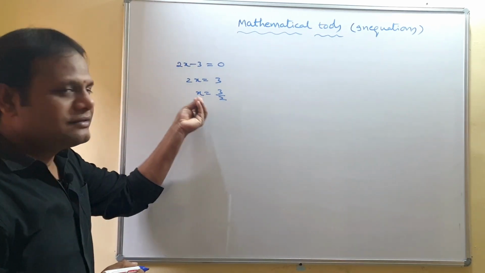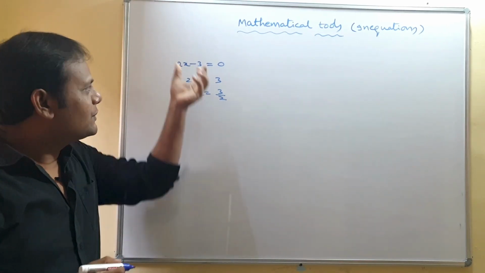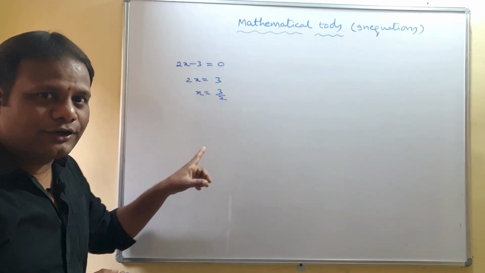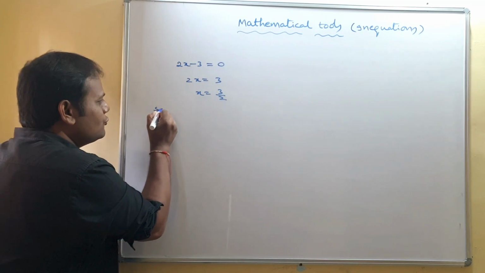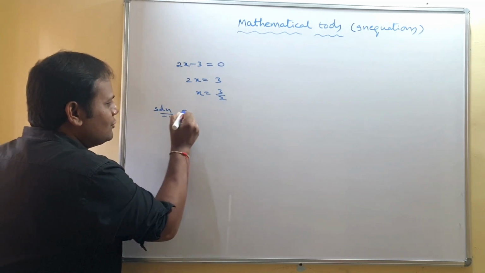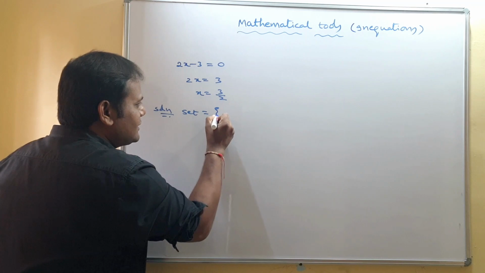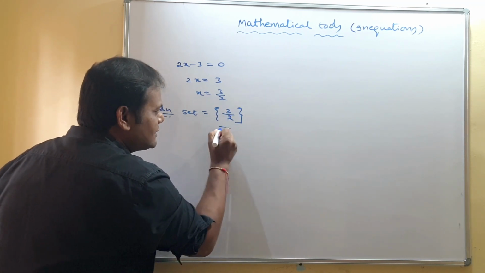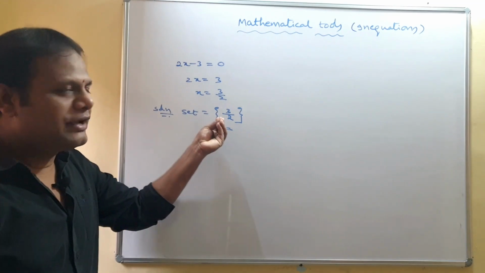So the solution set to this equation has only one solution, that is 3 by 2.